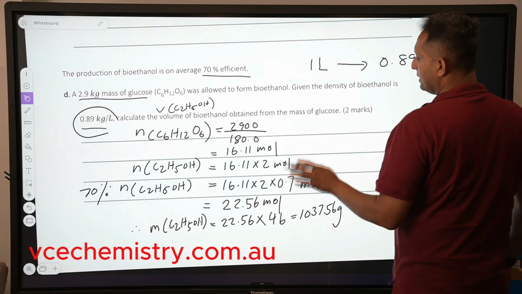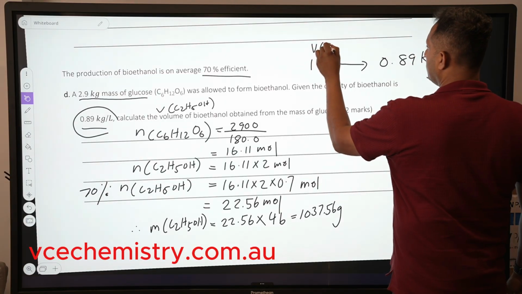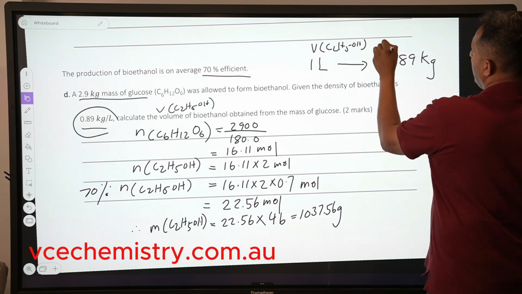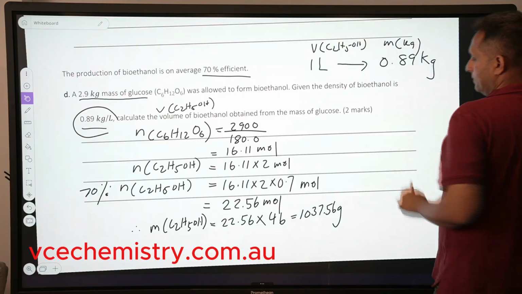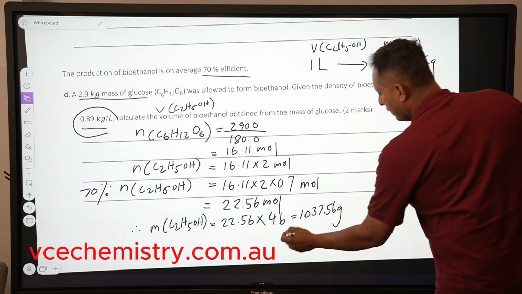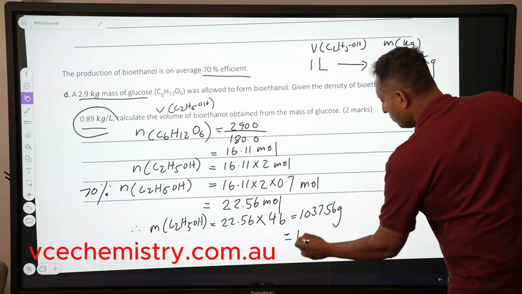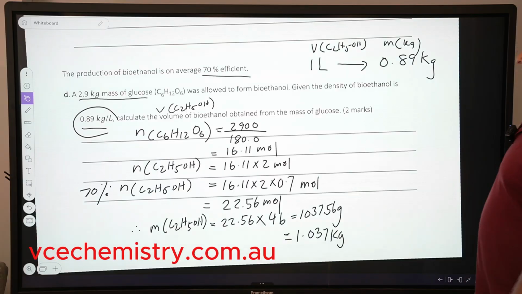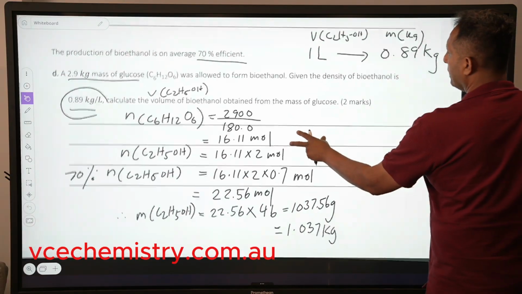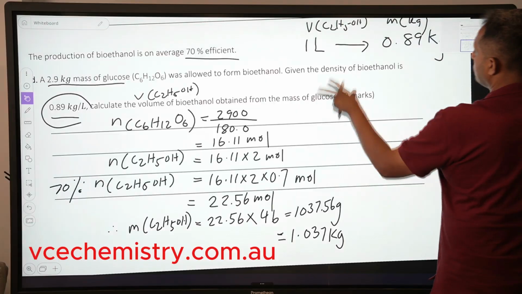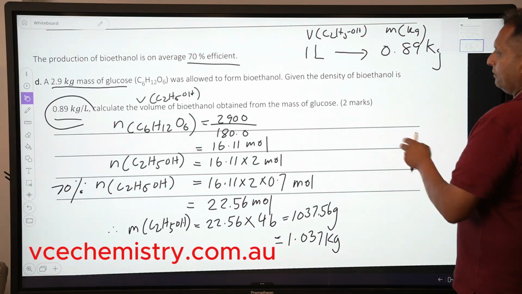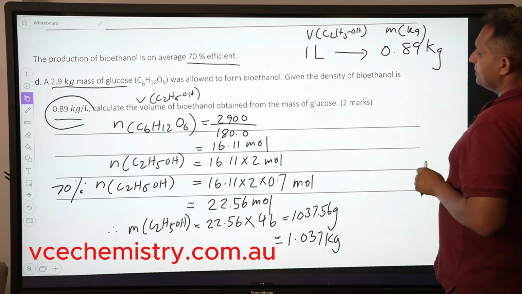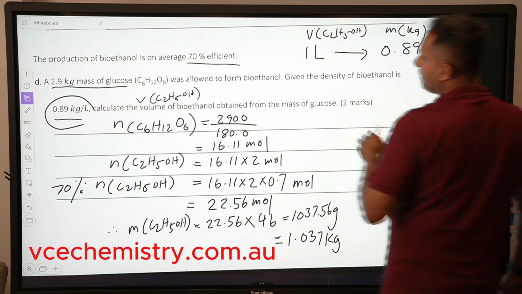If I'm going to set up the ratio between volume of bioethanol and mass in kilograms, I have it in grams, so I want you to convert it into kilograms first: 1.037 kilograms. Now I'm going to use this ratio, or you can use the density equals mass over volume formula as well, but I like to use the ratio because that will give you a good understanding.